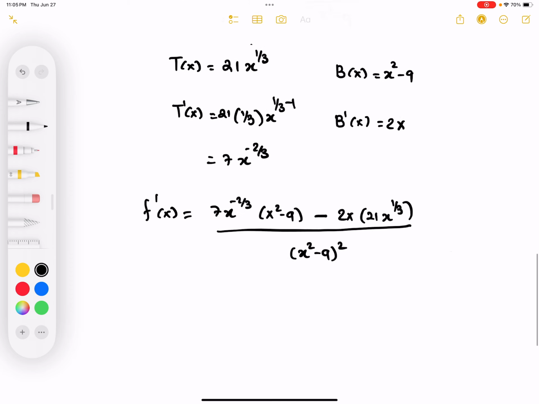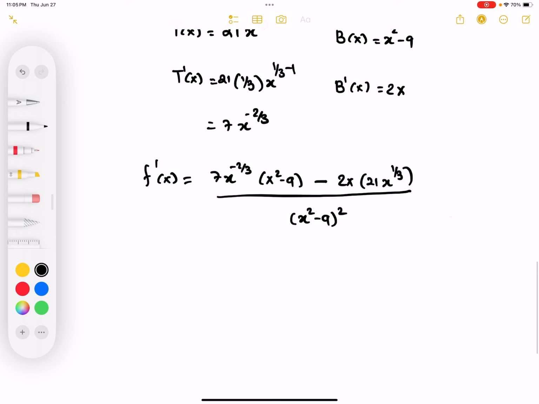Now look at the top one, right? There is a negative exponent involved. In order to remove that, I can multiply top and bottom by x^(2/3). This is just multiplying by 1. The only reason I did it is to remove the negative exponent: negative 2/3 plus 2/3 becomes 0, so it will be simplified.